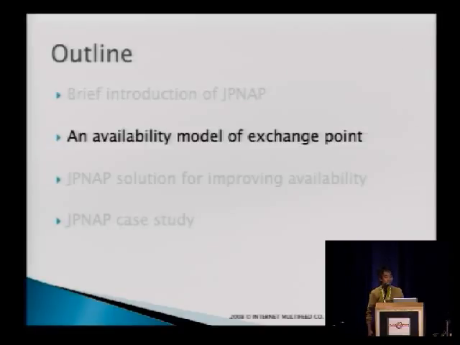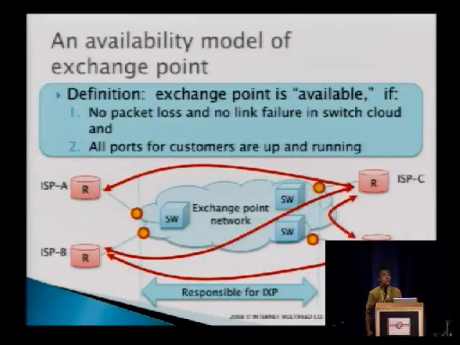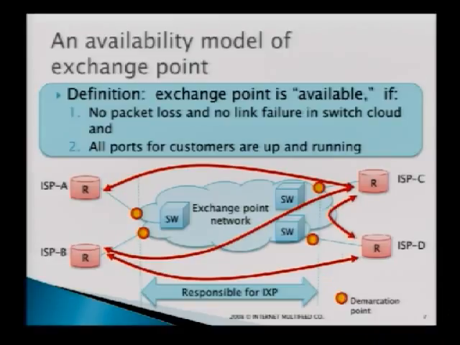So availability is important also for an exchange point. So first, I would like to propose a very simple but strict model of the availability of an exchange point. This abstract configuration is the typical one.